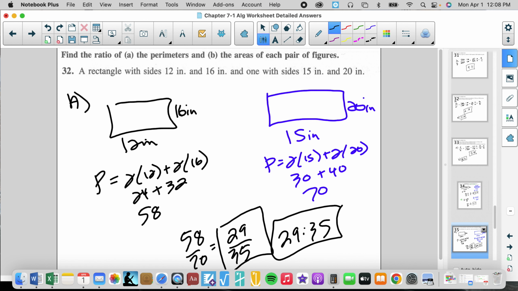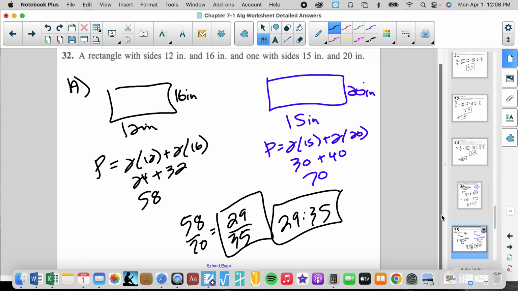I made a mistake. 24 plus 32 is not 58. 24, 6 and 6 is 12, plus 1 is 32, 56. 56, Mr. McCausland.